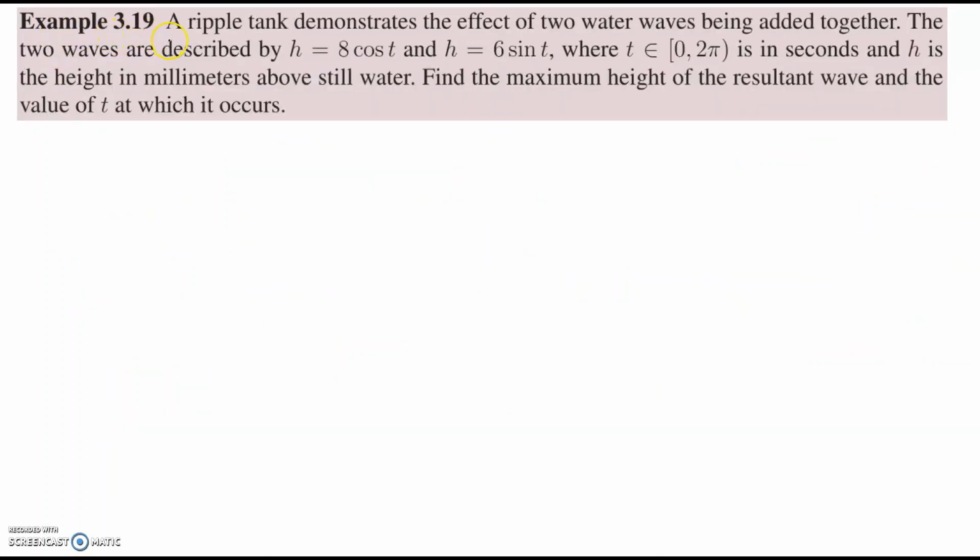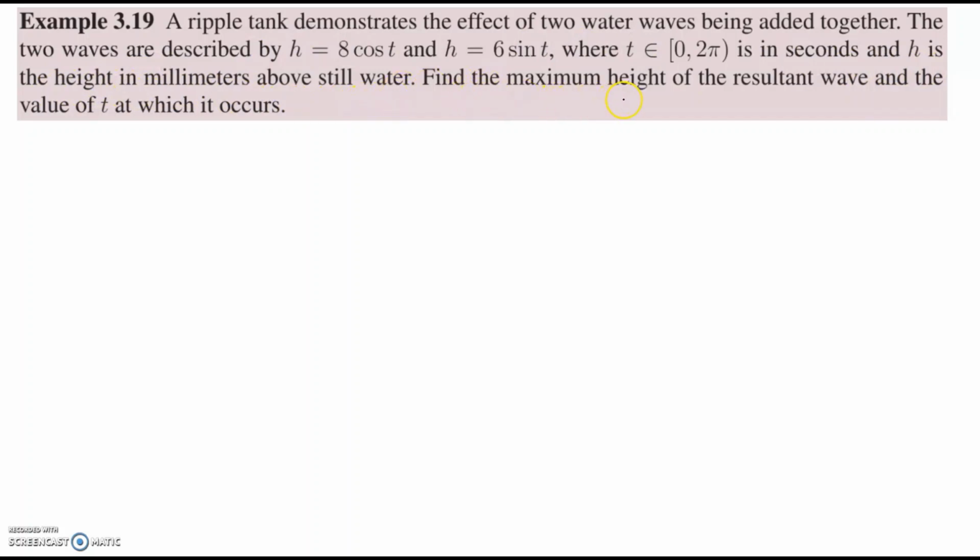Example 3.19. A ripple tank demonstrates the effect of two water waves being added together. The two waves are described by h equal to 8 cos t and h equal to 6 sin t, where t belongs to the interval 0 to 2 pi and is in seconds, and h is the height in millimeters above still water.